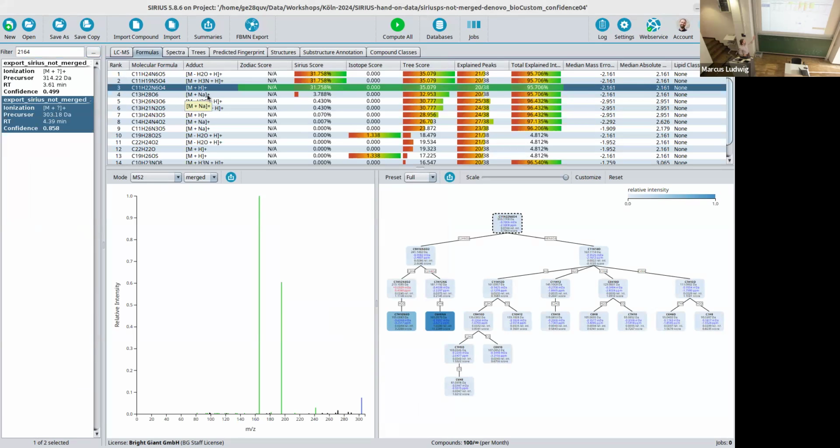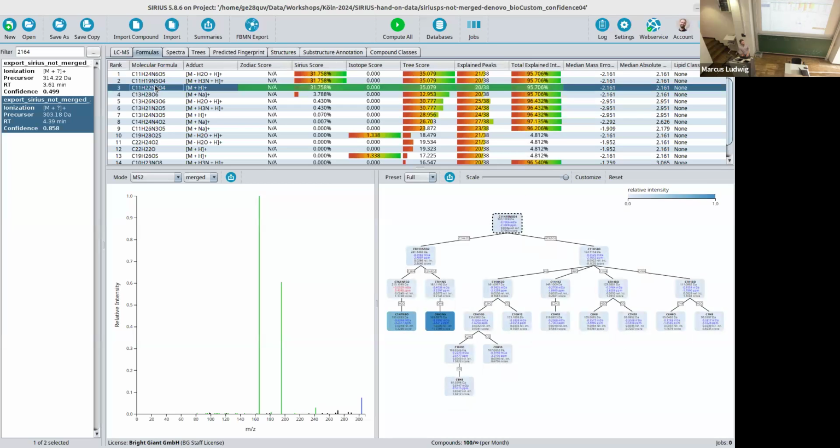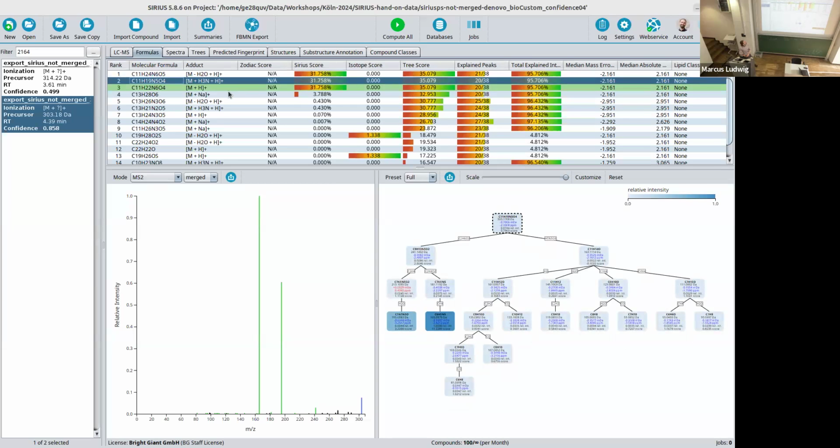And then you can also check for different adducts. Maybe one thing I haven't talked so much about so far is the different adducts for the same precursor molecular formula, which are here. All these molecular formulas only differ by the adduct that is assumed. So on the molecular formula level, all of them will have identical scores, because based on the MS data we cannot differentiate these.